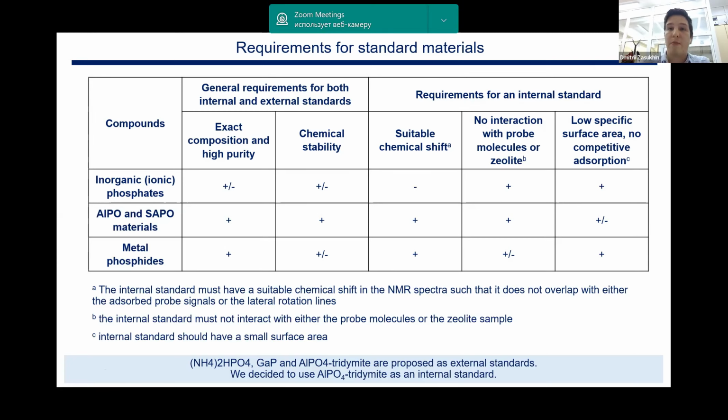What is more, AlPO4 tridymite is selected as the internal standard. Although the use of an external standard is found to be simpler, the application of the internal standard is concluded to be more reliable.